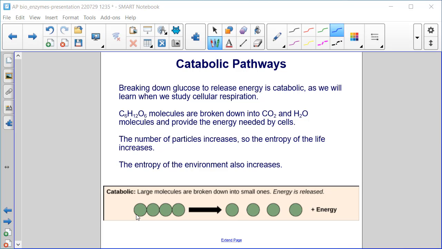Breaking down glucose to release energy is catabolic, as we will learn when we study cellular respiration. Glucose molecules are broken down into carbon dioxide and water molecules and provide the energy needed by cells. The number of particles increases, so the entropy of life increases. The entropy of the environment also increases.